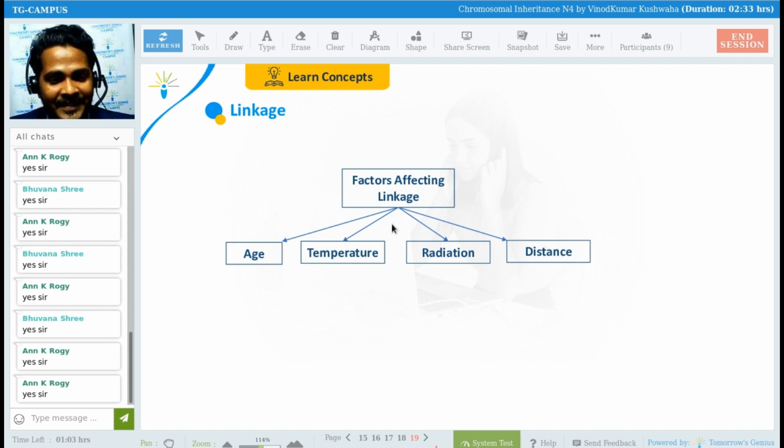Am I right? Kirthini, please respond. Sir, I'm just looking at my notes, sir. Okay, no mobile with you? Are you sure? Yes, sir. Okay, then that's great.